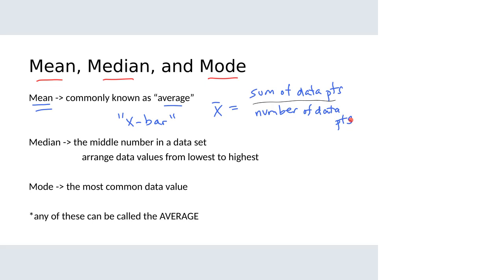So the sum of the data points divided by the number of data points, that's how we'll find the mean. The abbreviation we'll use for it is X bar.